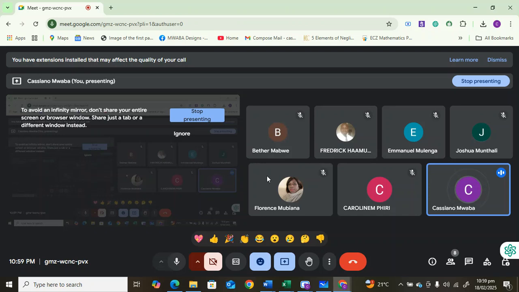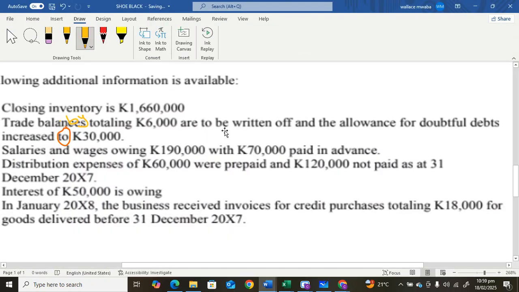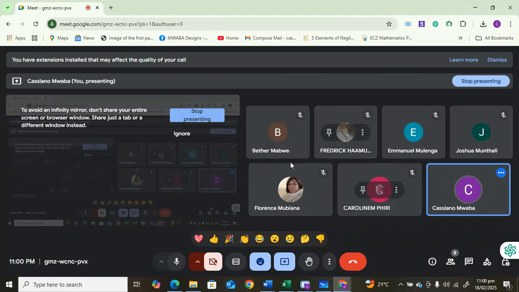Bad debts written off carry a 95% confidence level that you won't get that money. Allowance for doubtful debts carries, I'll say, 60% confidence level, because it's just an estimation.